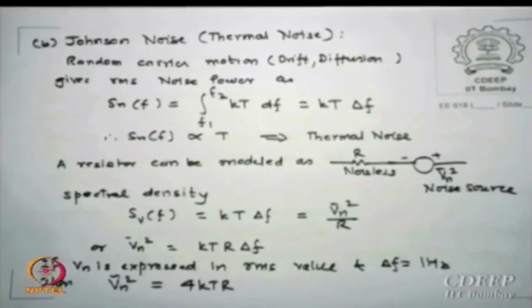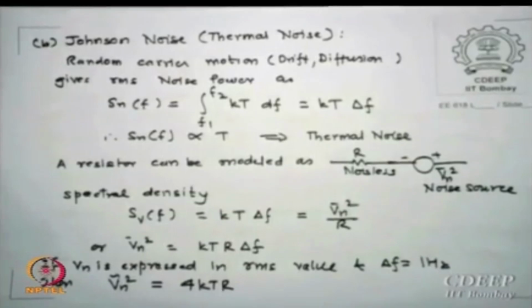Typically, for example, if you are looking at a resistor, where random motion of carriers constitutes mobility fluctuations or variations, carriers move through by drift or diffusion, then we can see this can be modeled as a noiseless resistor, and in series with it there is a noise source which is related to the resistor noise. Okay.